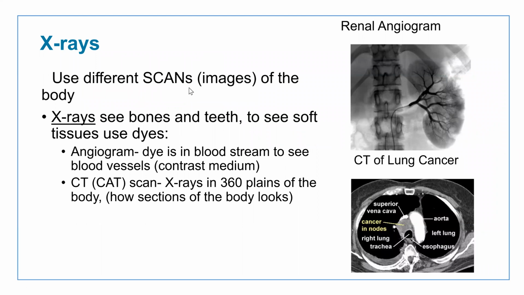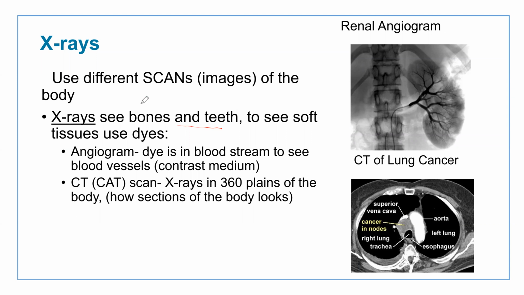I'm going to start with X-ray. X-ray is used for different scans or different images of the body. We can use X-ray to see bones and teeth, right? And to see some soft tissues.